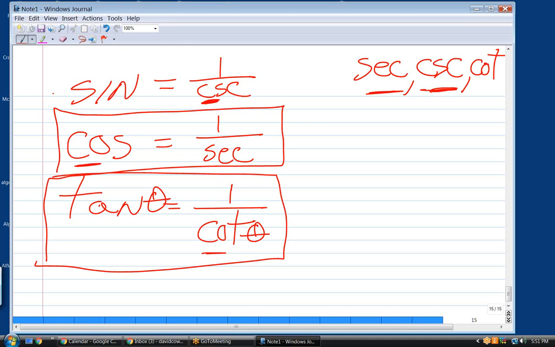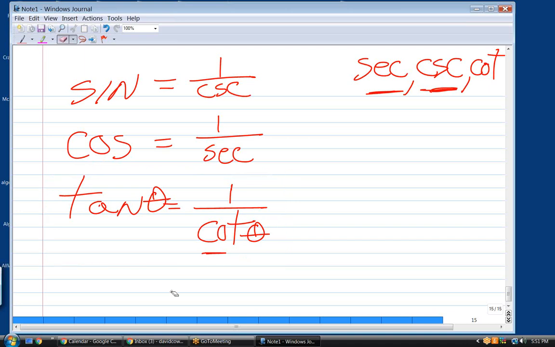And there's the co in that pair. So the only thing you really have to memorize is what goes with tangent. And that's pretty easy to remember. Cotangent figures to go with tangent. And so the only thing we have to remember is, does secant go with sine or does secant go with cosine? And if you remember this thing about the co, you won't ever have a problem with it.